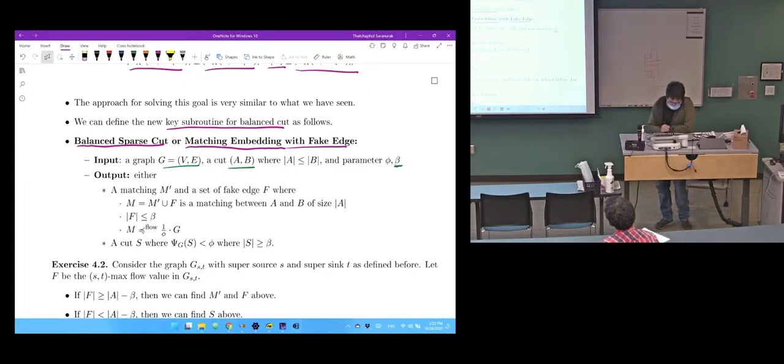What we're going to do is, first case, we get a cut which is sparse but balanced.